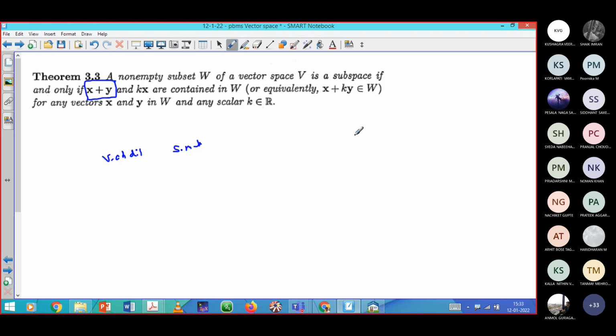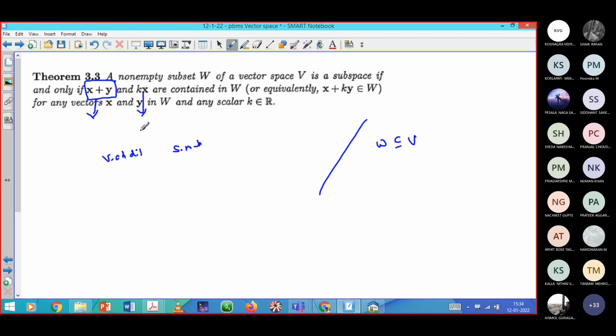Here we take W as a subset of the vector space V. Then it is not required to verify all the conditions of the vector space for the elements of W. It is enough to verify only 2 conditions. First condition is x plus y. Second condition is kx.